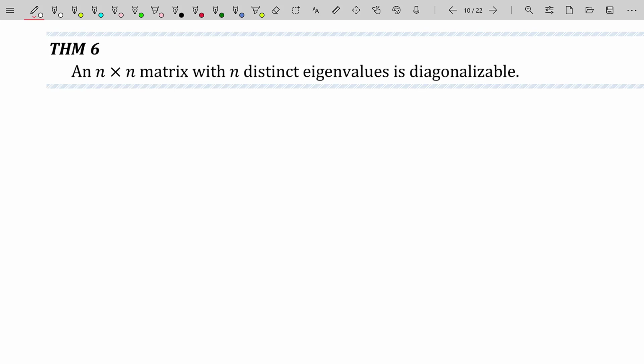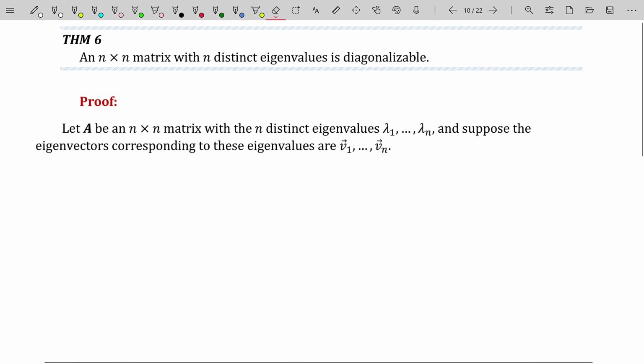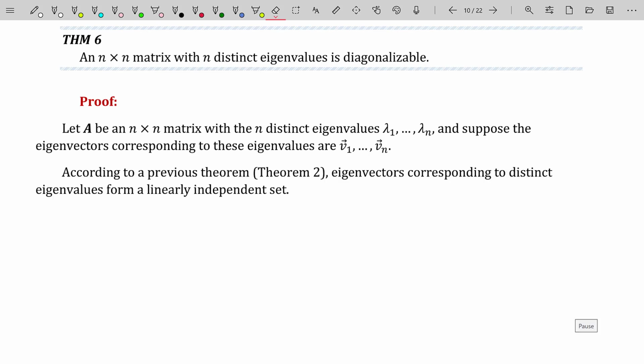So let's go through the proof of this. Let A be a square matrix with n distinct eigenvalues, lambda 1 through lambda n, and suppose the corresponding eigenvectors for these eigenvalues are v1 through vn. Now we have a theorem from the past that tells us eigenvectors corresponding to distinct eigenvalues form a linearly independent set. And that's what I've written here.